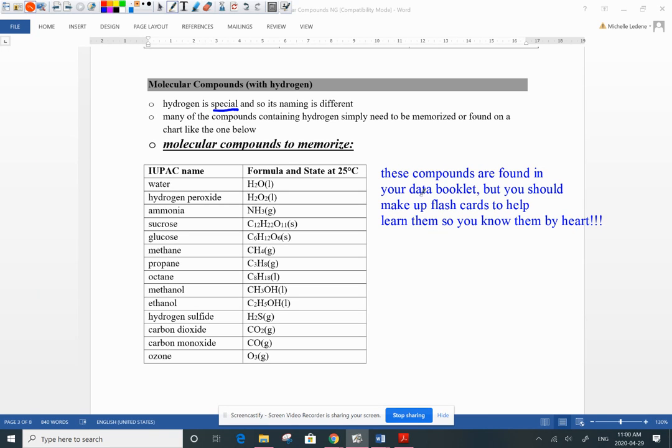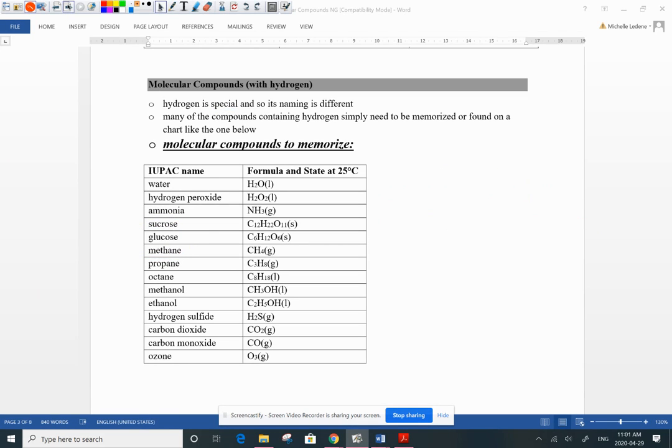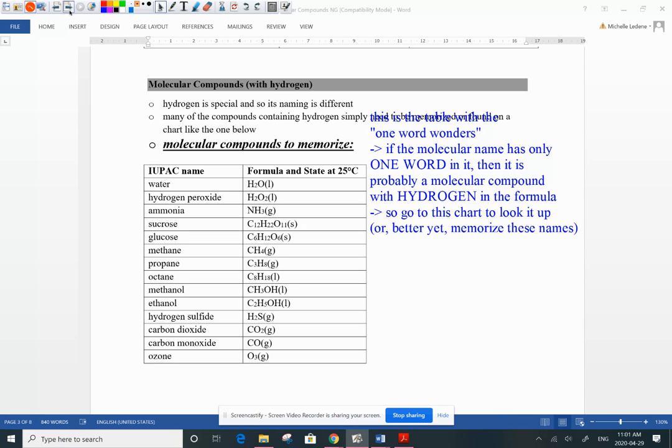These are in your data booklet, but honestly, you should make up flashcards on them to learn and memorize them. You'll see that many of them have just one word, like sucrose, glucose, methane, right? That's why I call them the one-word wonders: instead of having 2 words, because there are many different elements in some cases, they have just one word for their name.